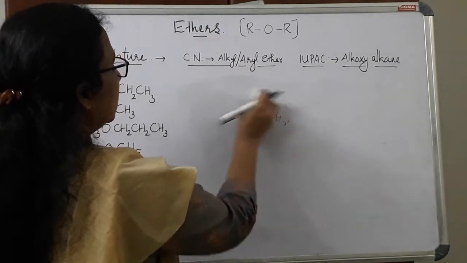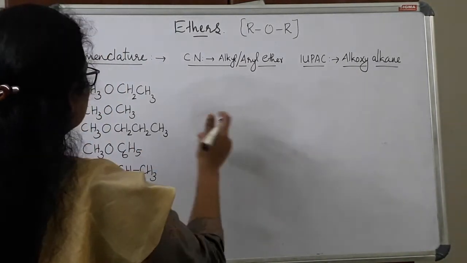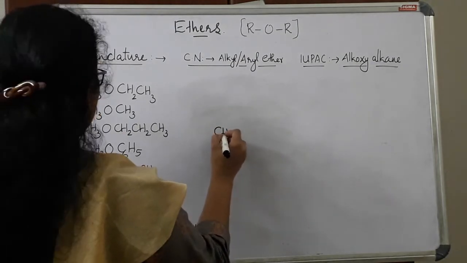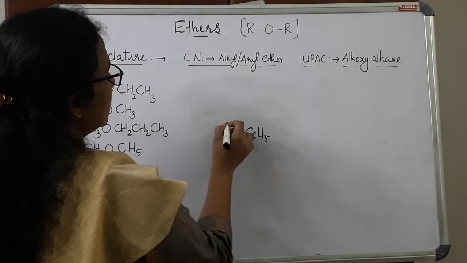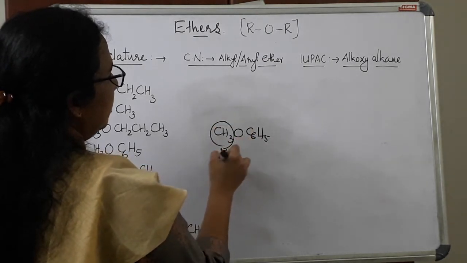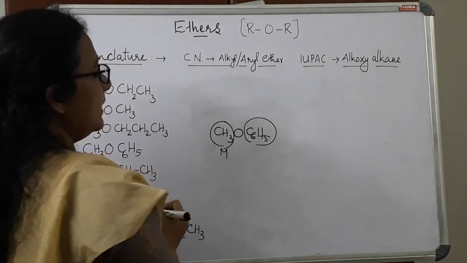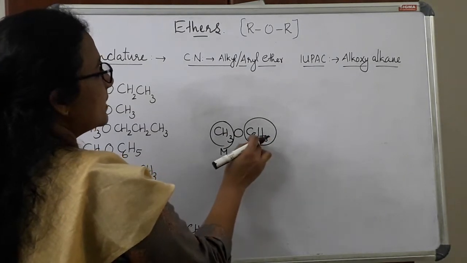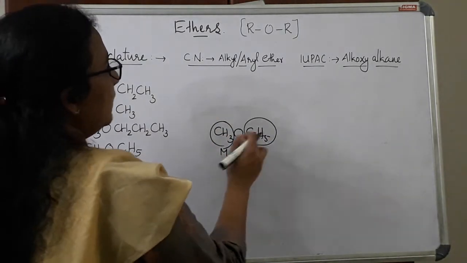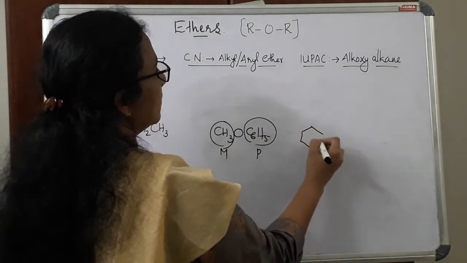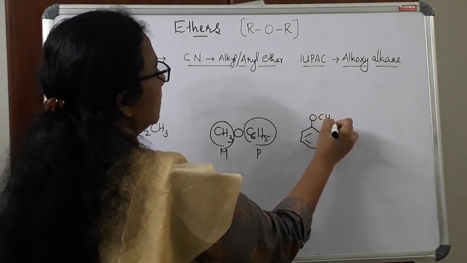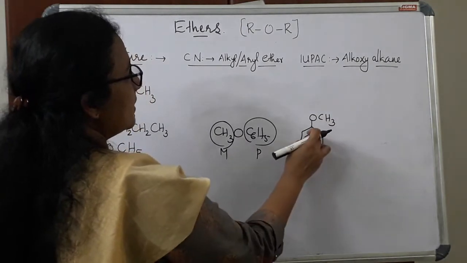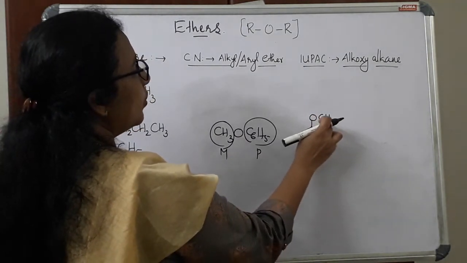Now let's see another compound, that is CH3OC6H5. This is a methyl group and this is a phenyl group, which is an aryl part. We can also write this compound like this, the phenyl group and then OCH3.